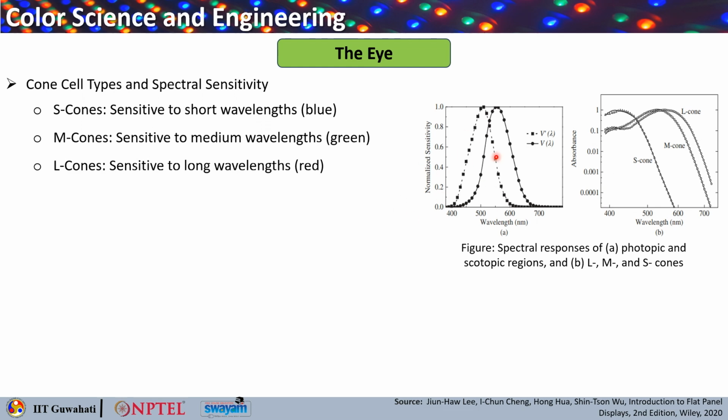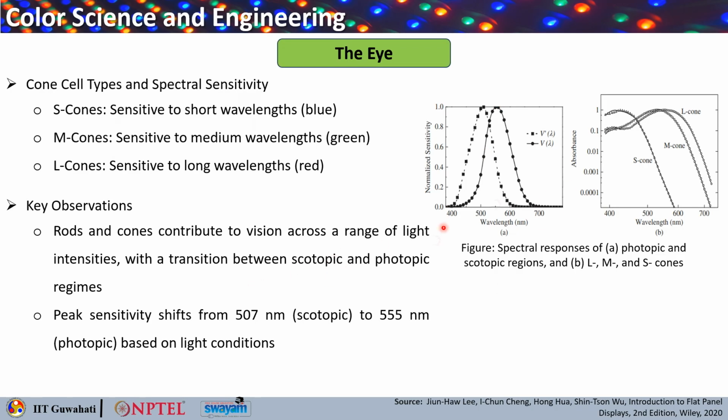This particular figure shows the photopic and the scotopic regions. So, you can see this is the one which is scotopic and this is the one for photopic. So, what you see in this graph is that rods and cones, they contribute to vision across a range of light intensities, okay. So, you can also understand that there is a transition between two types.